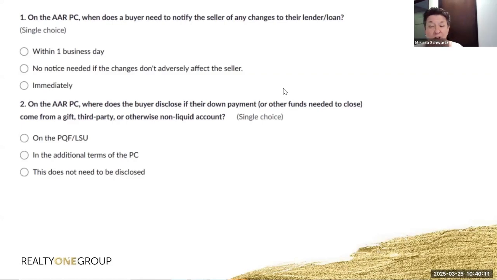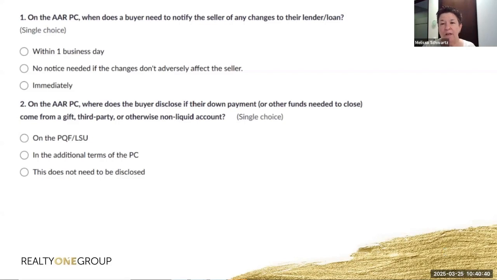Well, everybody online's all over the place. Does anybody know where on the AAR contract the down payment funds are coming from is disclosed? The answer is it's not. It's not on the AAR contract. It is on the non-member contract, however.